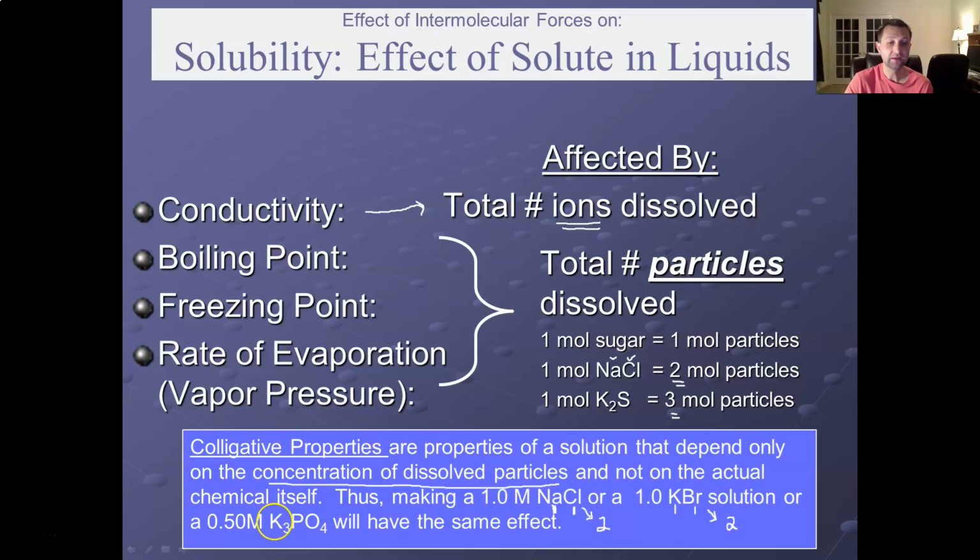Now for K3PO4, the ions that make that up, I'll do it up here. You have K3PO4. You have 2 ions that make that up. You have potassium, K plus 1, and PO4, which is PO4 negative 3. We have 3 potassiums and 1 phosphate.